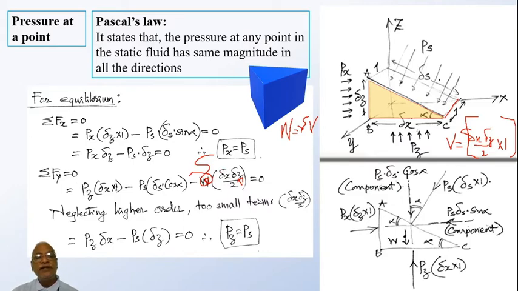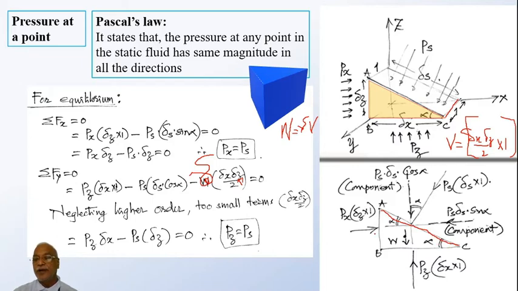But the idea here is, because of the mathematical basis, delta x and delta z, two small quantities, are getting multiplied. That's why, neglecting higher order small terms, we end up with pz delta x minus ps delta s cos alpha. You can see here, this is delta s.